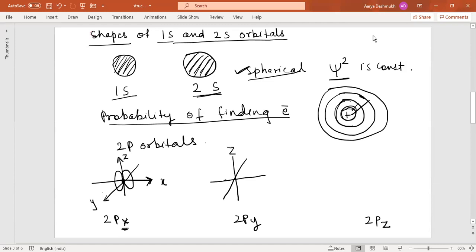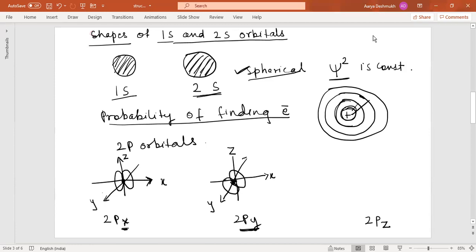Obviously, you can write x, y, and z axis. So this is your z, this is your x, and this is your y. If you are calling this a 2py orbital, the lobe should pass along the y-axis this way, so this will be the nodal plane.